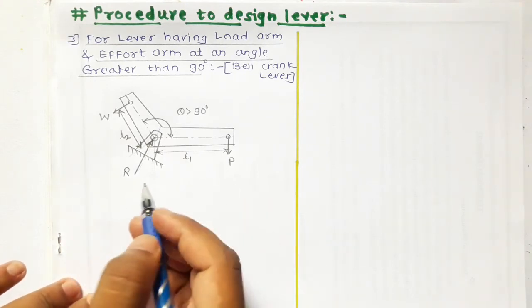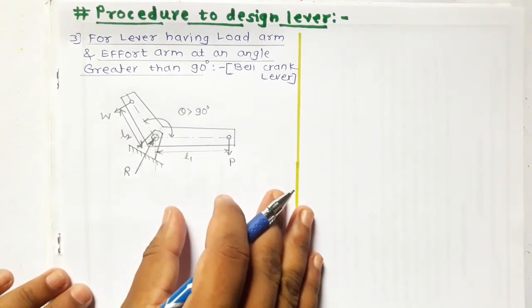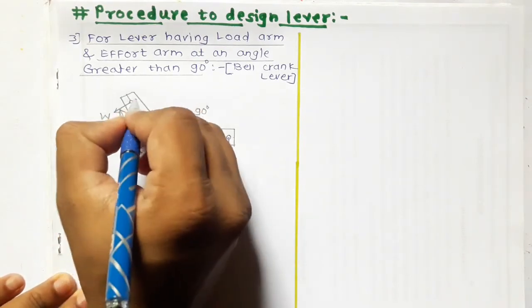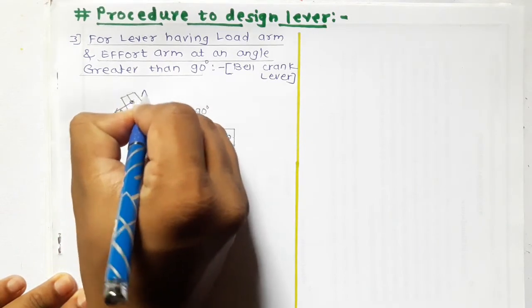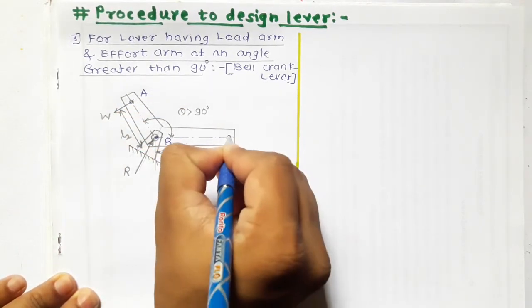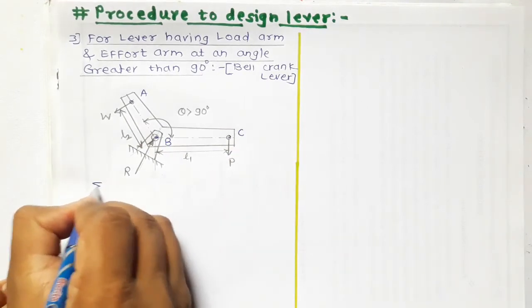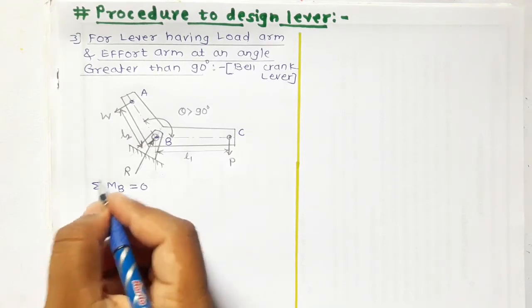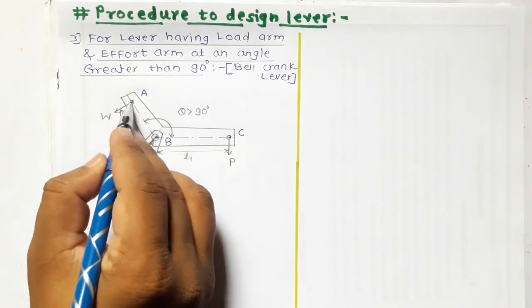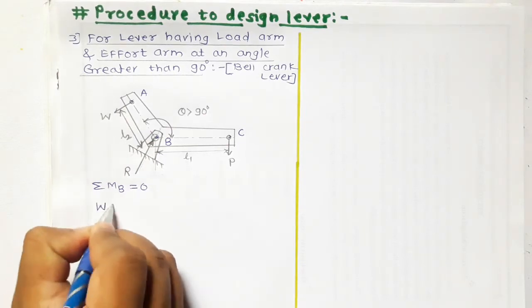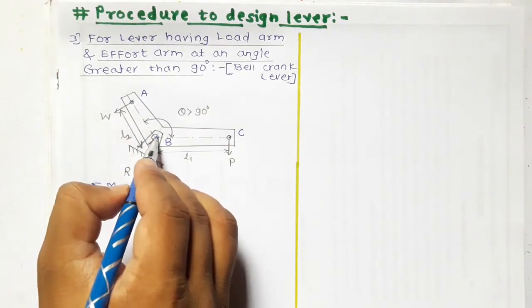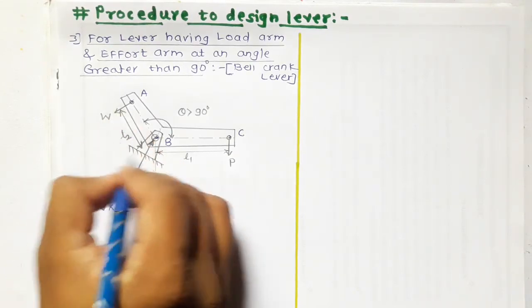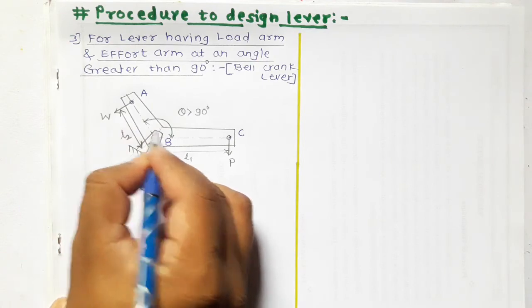Still we will derive the equation to find out P or W by taking the bending moment about point B. Let us consider this as point A, this as point B, and this as point C. Taking the summation of bending moment at B equal to 0, the force at point A is W, and the perpendicular distance from point B is L2. So W into L2 is the anticlockwise bending moment, so we take it as positive.